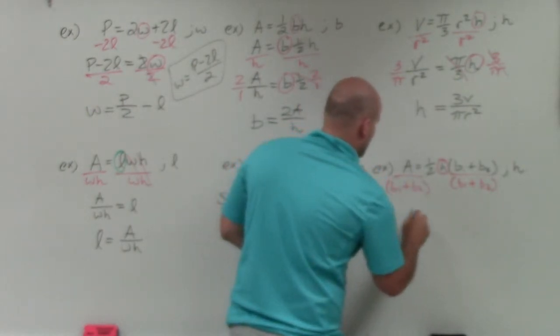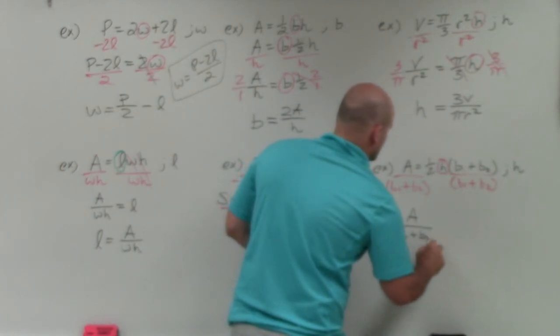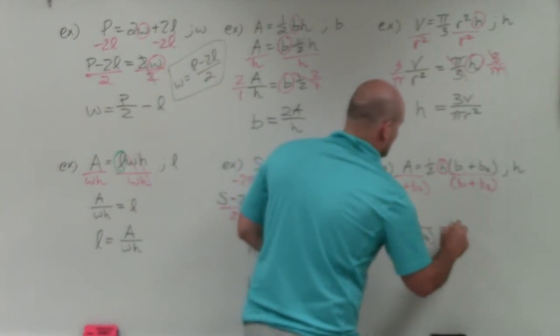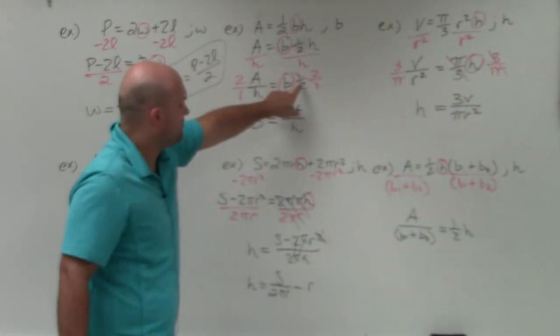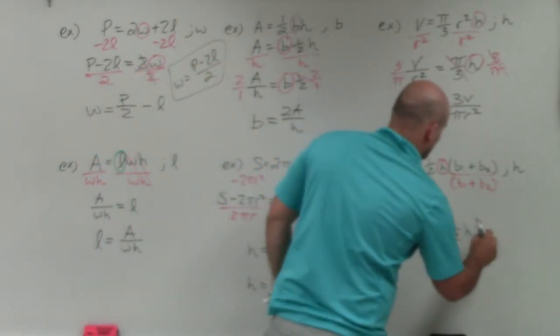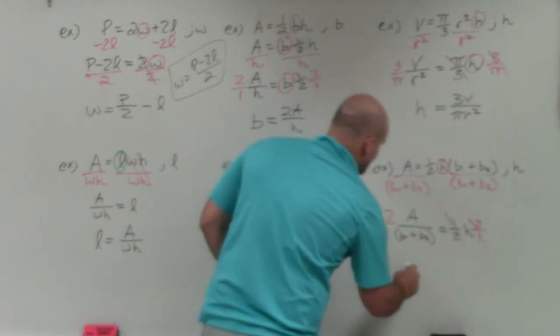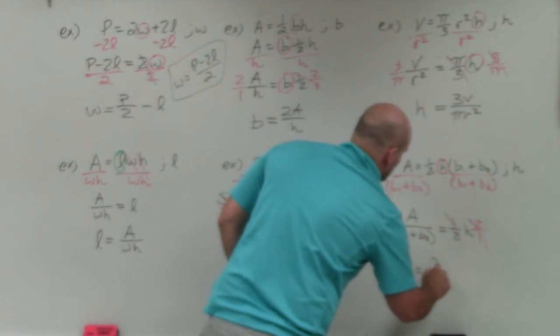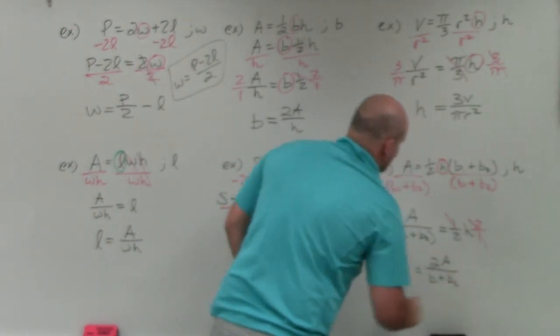Therefore, I'm left with a divided by b1 plus b2 in parentheses equals 1/2 h. Like I've done before, to undo multiplying by 1/2, I just multiply by the reciprocal. And my final answer is going to be h equals 2a over b1 plus b2.